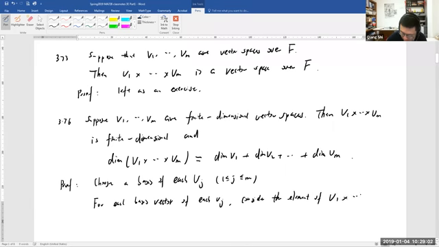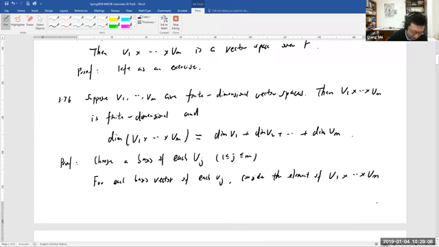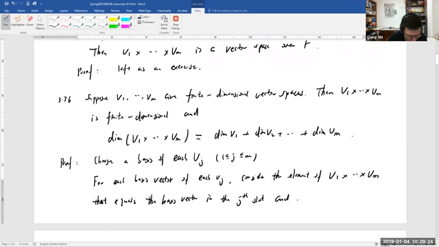We're going to use this to create an element of this new product space that equals the basis vector in the jth slot, and 0 in the other slots.